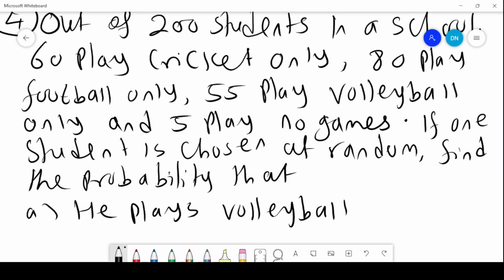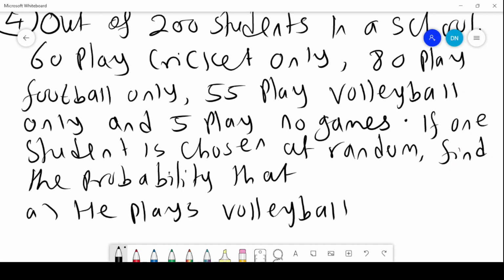For number 4, we are told that out of 200 students in a school, 60 play cricket only, 80 play football only, 55 play volleyball only, and 5 play no games. And when you look at 60 plus 80 plus 55 plus 5, that should be equal to 200 students.